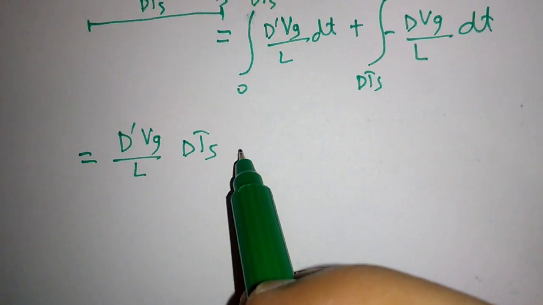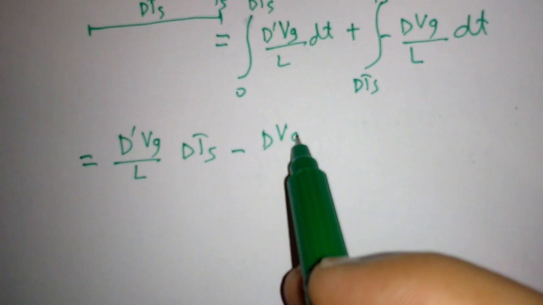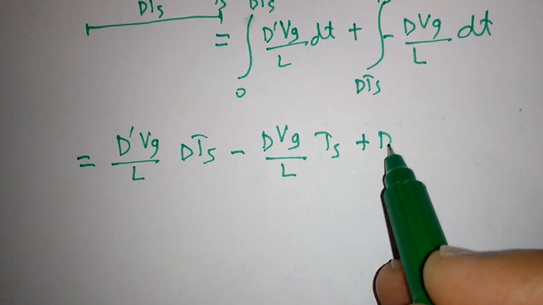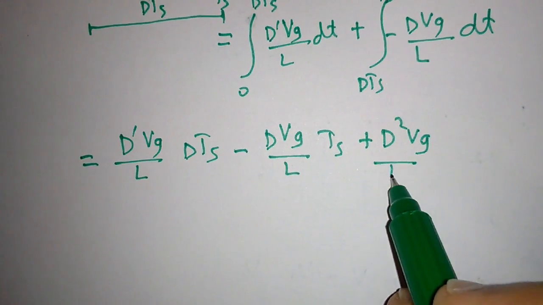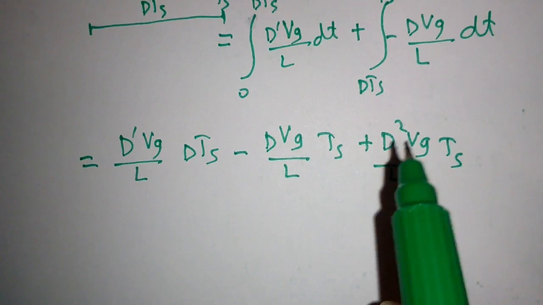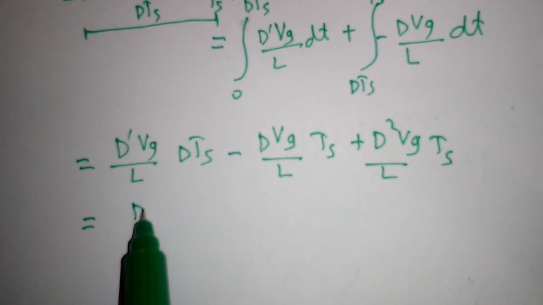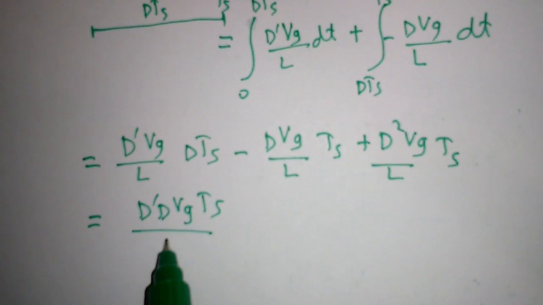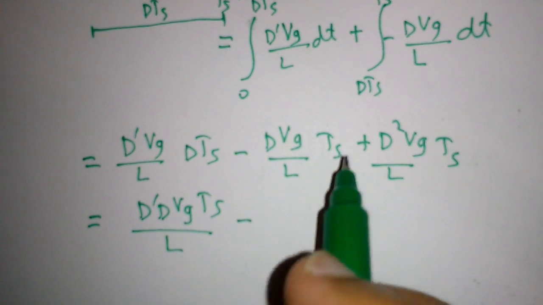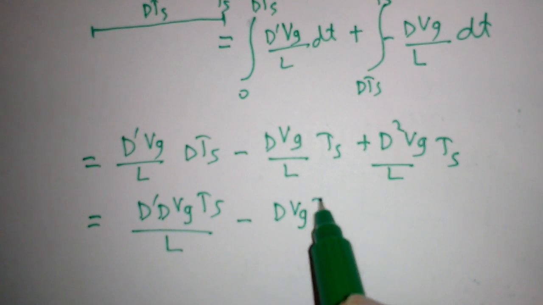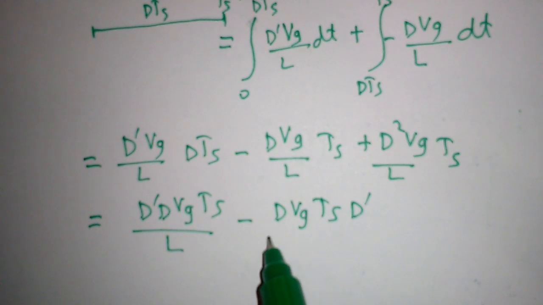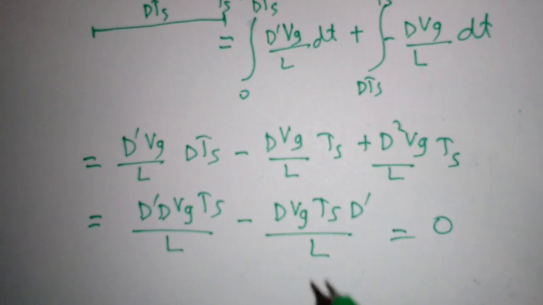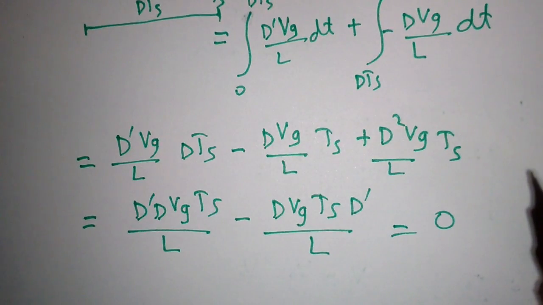So minus dVg over L Ts plus d square Vg over L Ts, that comes out to be d prime dVg Ts over L minus dVg Ts d prime over L, and that is equal to 0, right?